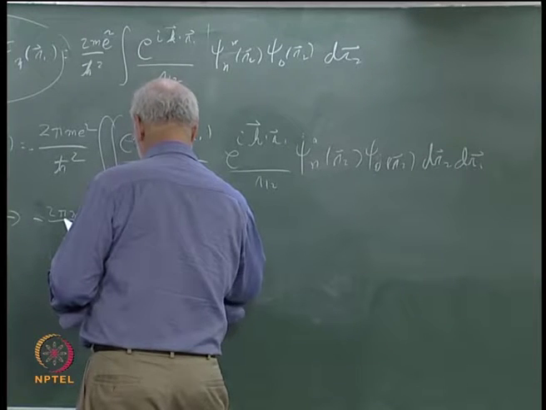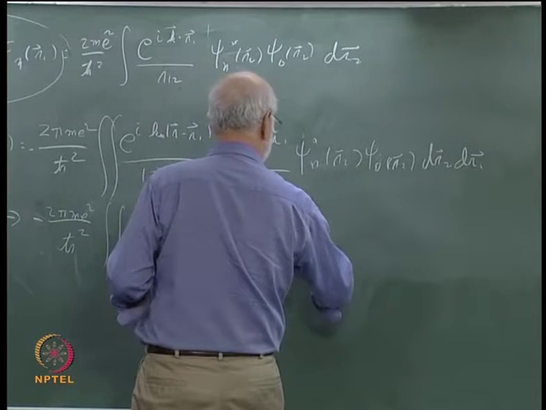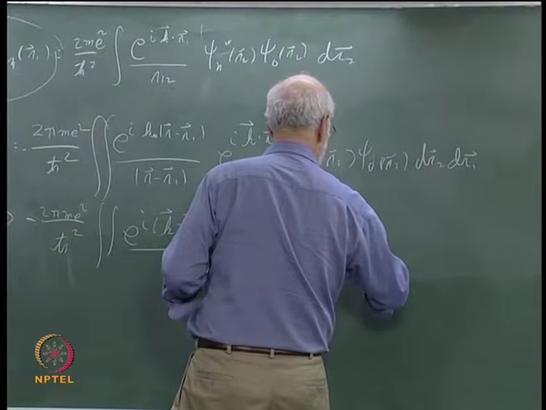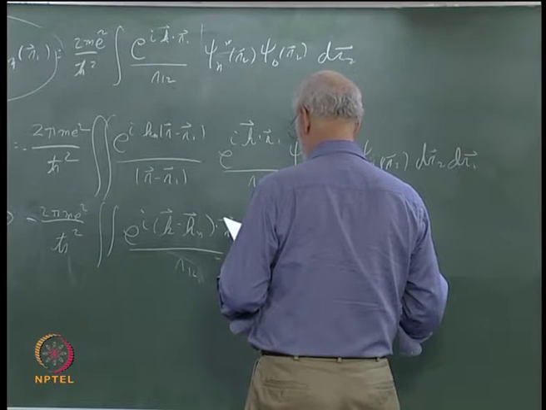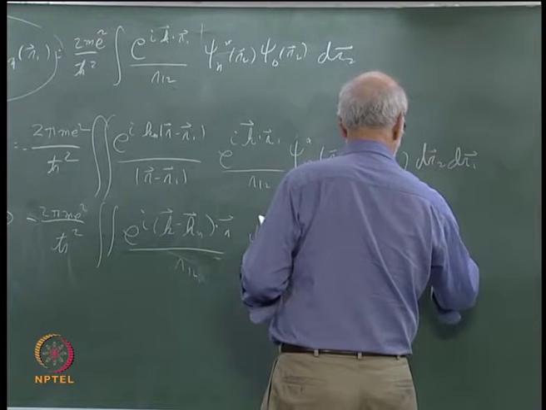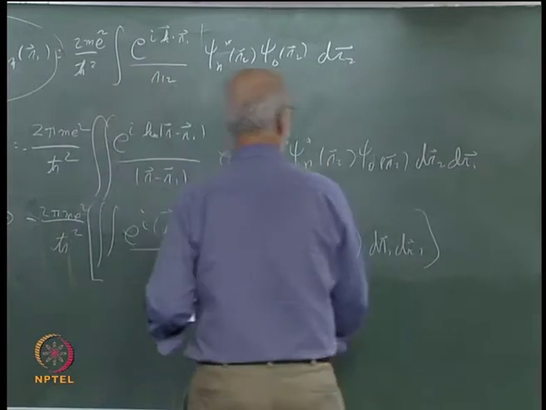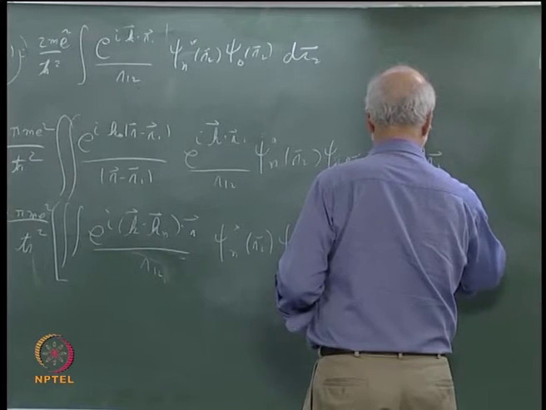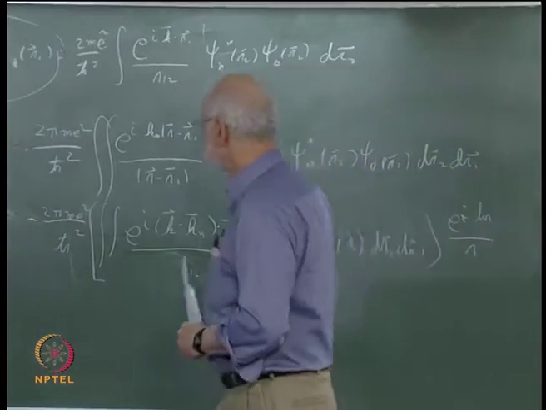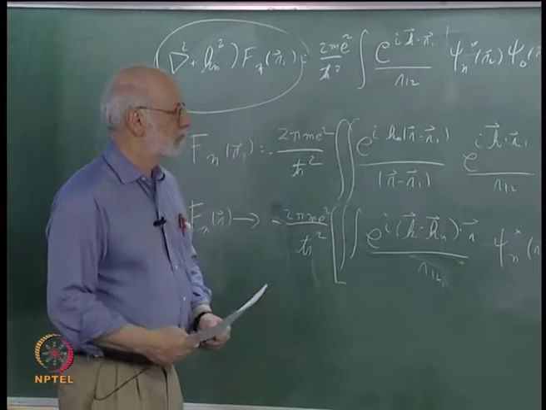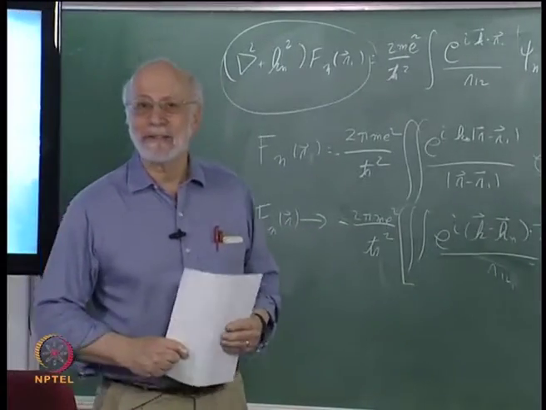Over R12, psi n star of R2, psi 0 of R2, d R1 dR2, times e to the i k r over R. And I wrote it this way particularly because then this is my scattering amplitude, the Fn.